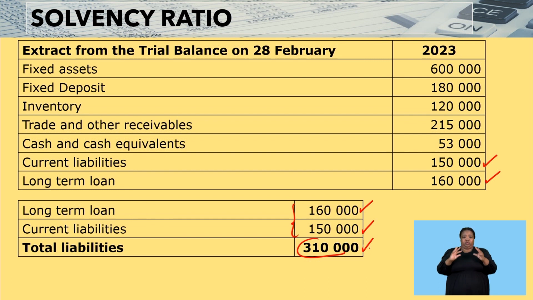At this point, I have my total assets as well as my total liabilities, so I can calculate my solvency ratio. We want to see if the business is solvent, that is, whether it is able to use all its assets to pay all its liabilities.